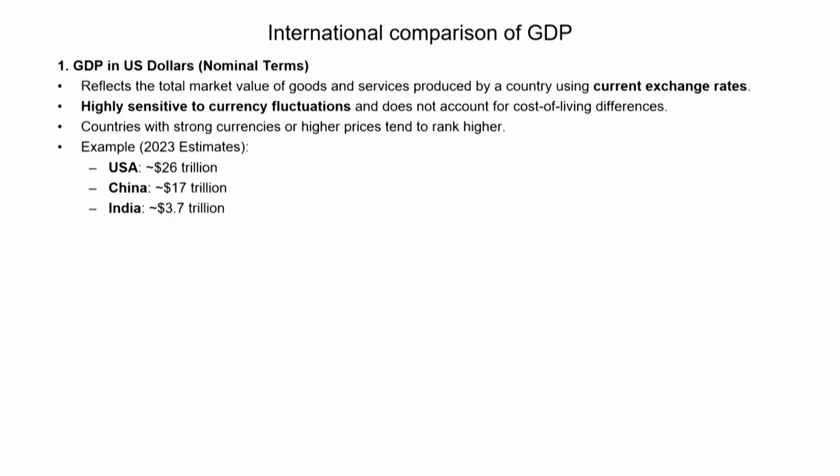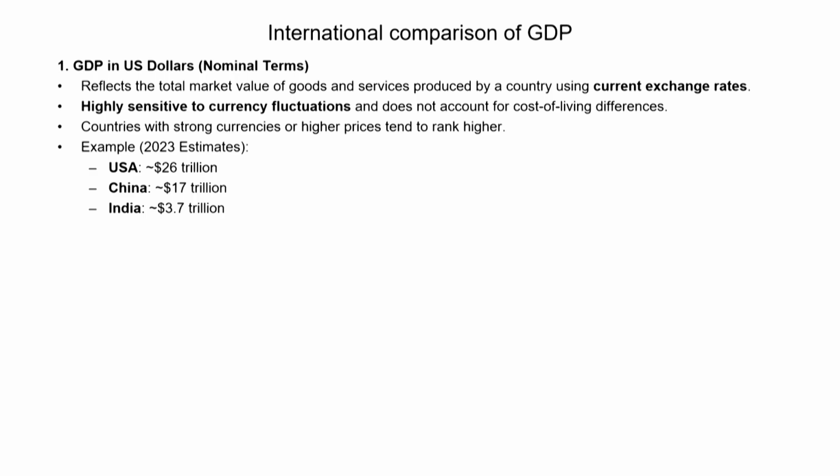Before I conclude this session, let us also see how we compare GDP across countries, the international comparison of GDP. Normally, for the comparison, we convert GDP into US dollars in nominal terms. It reflects the total market value of goods and services produced by a country using current exchange rates.